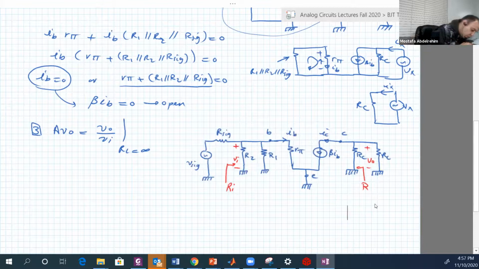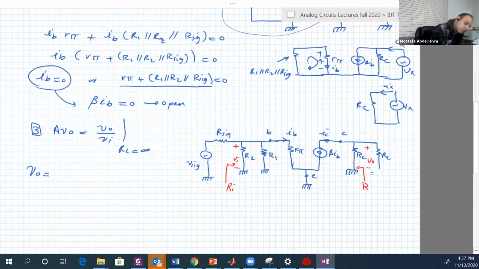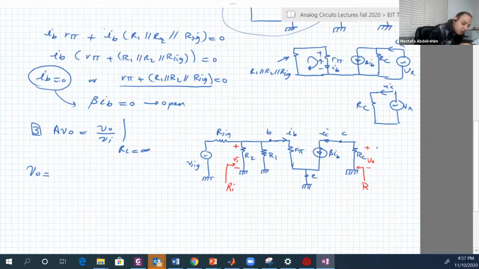So VO is equal to, remember now we don't have RL, so let me just omit it. So VO is equal to, now without our load, beta IB or IC will also flow in RC.